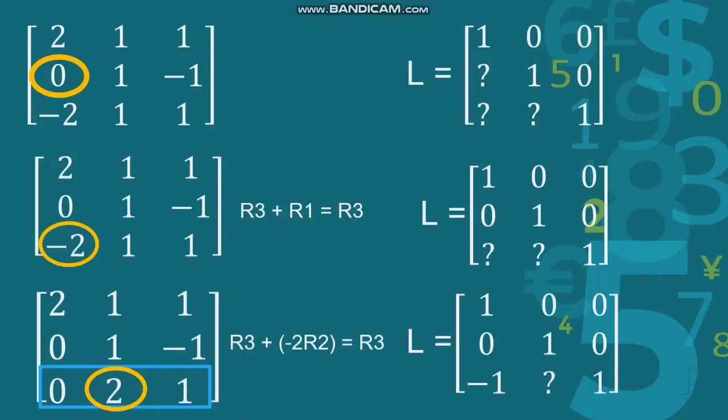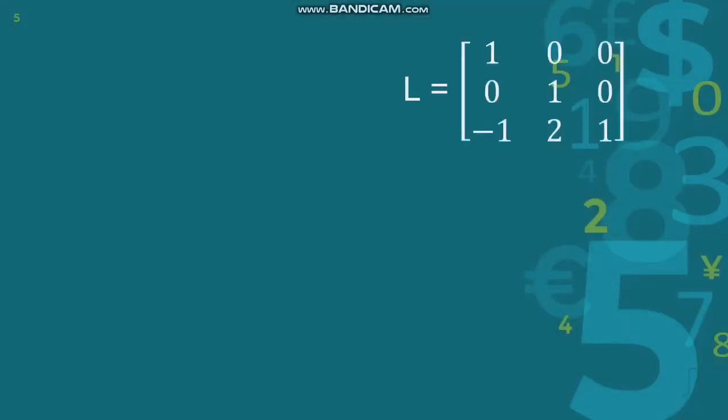We will use the multiplier negative 2 to help us obtain a 0 in row 3, column 2, which means the element of row 3, column 2 of our lower triangular matrix will be the opposite of our multiplier, which is 2.